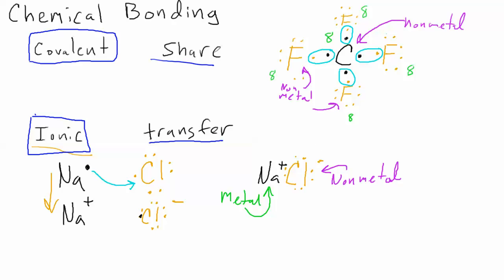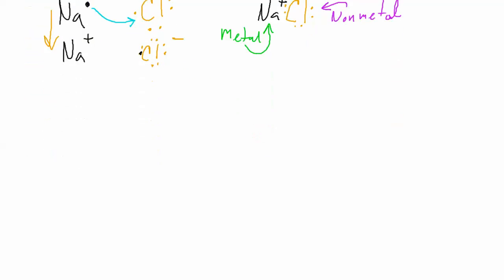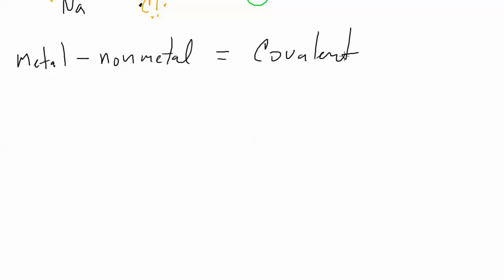And like with any rule, there are some exceptions, but it works well enough for us to learn and to remember. And so the pattern is, if it's a metal element with a non-metal element, then you're going to have covalent bonding. I just did that completely backwards.